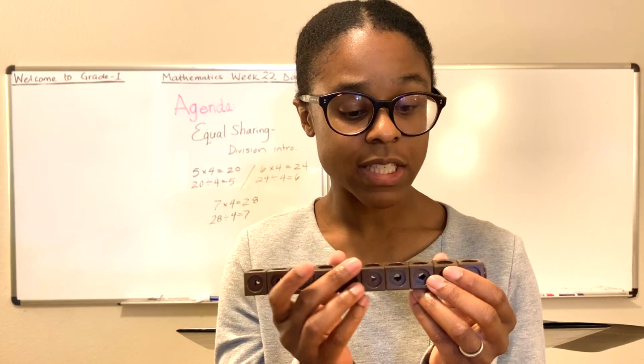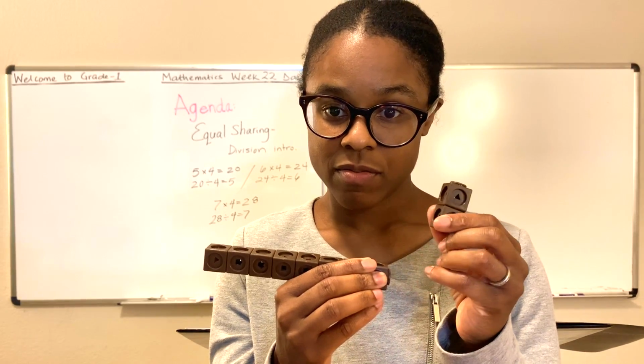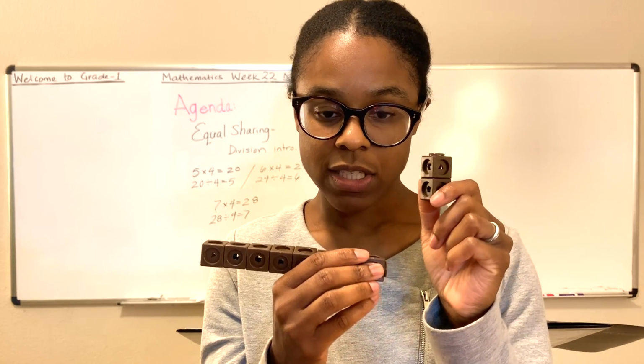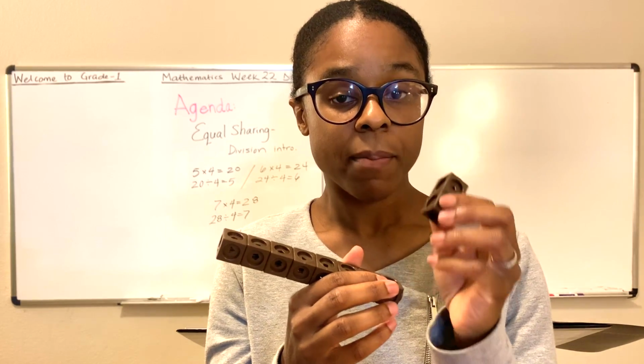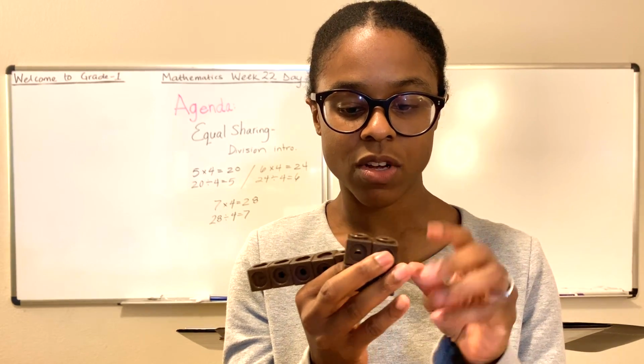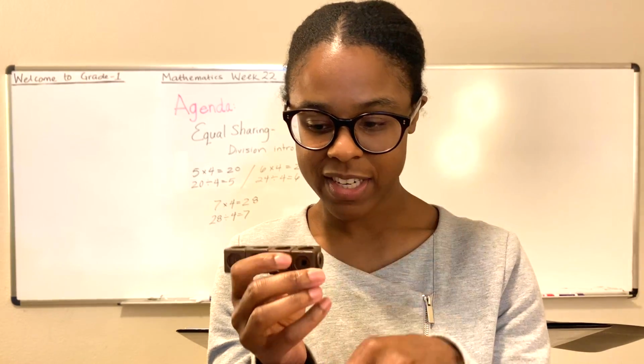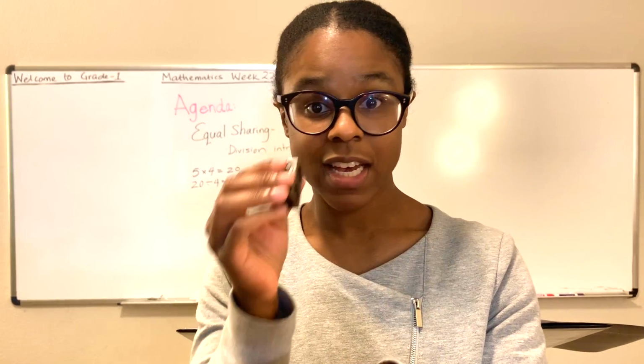I can tell you right off that we're going to need to break it along the lines of 2 units each. But even without knowing that, let's break these up so we have enough to give to 5 friends. So there's 1 friend, 2 friends, 3 friends, 4 friends, and 5 friends.